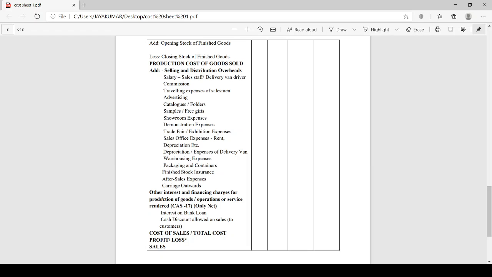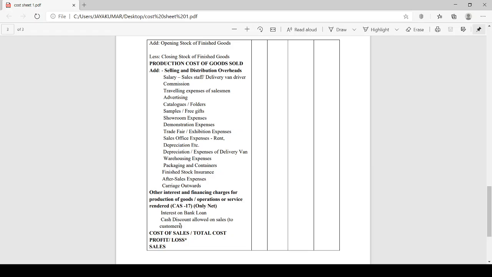And then there are other items which are to be added, that is other interest and financing charges for production of goods or operation or service rendered under Cost Accounting Standard 17. These two items are also there. Earlier these items were not there. Prior to 2014 these items were not considered. So one is interest on bank loan. Any loan taken for production purposes will be considered here, that is the bank loan interest will be added here.